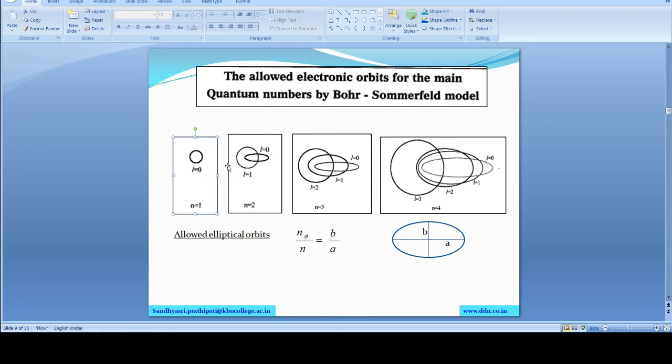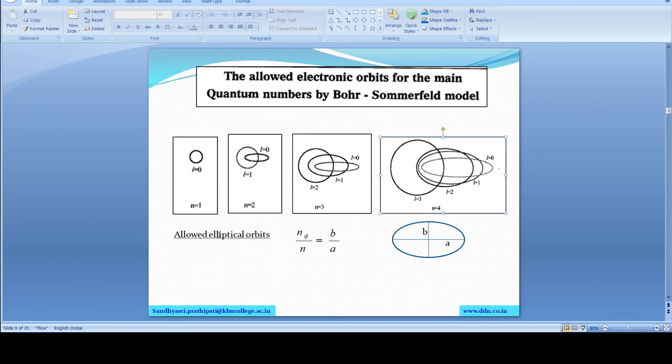Totally 2 suborbits exist in the second shell. For n is equal to 3, L is equal to 0, 1, 2. With L is equal to 2, there is a circular orbit which is equivalent to Bohr stationary orbit. With L is equal to 1 and L is equal to 0, there exist 2 elliptical orbits. Similarly, in n is equal to 4.